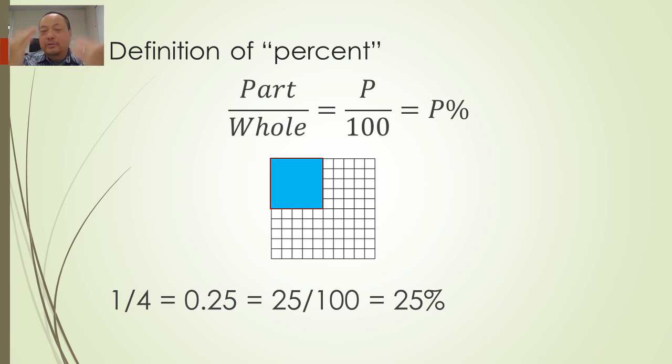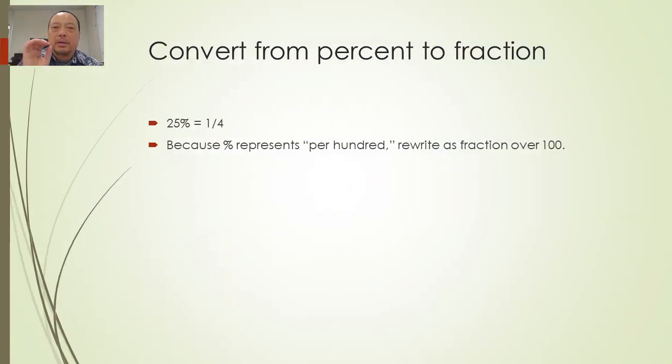Well, there we go. 25 over 100 is a fraction. So we're done. That's our method. Because the percent symbol represents per 100, we rewrite the percent symbol as a fraction out of 100. 25% equals 25 over 100. And we're actually done. We have our fraction.